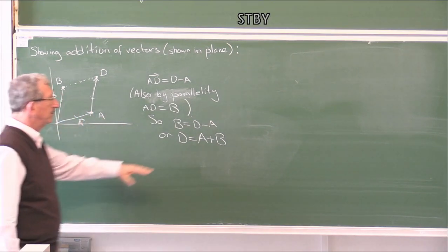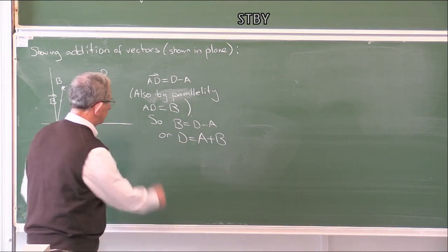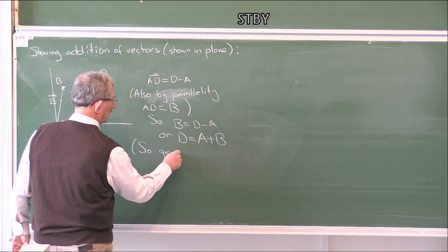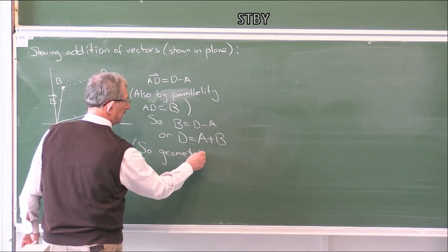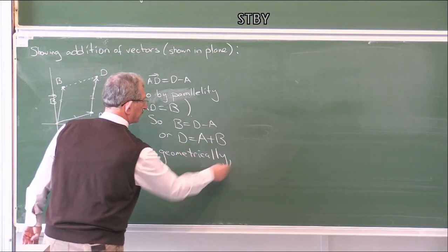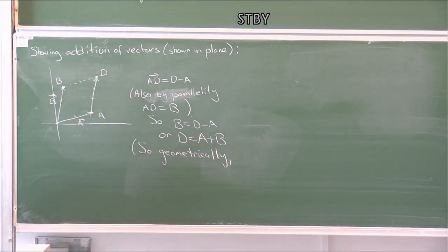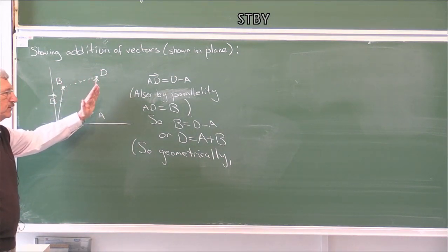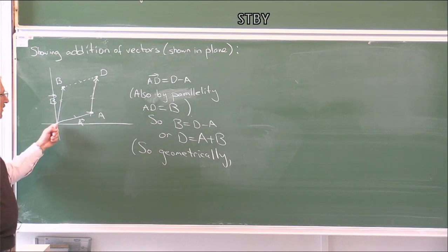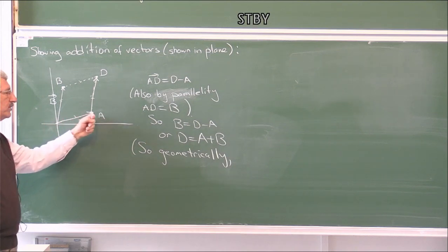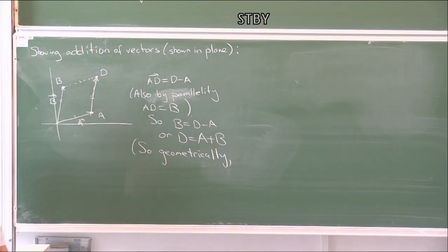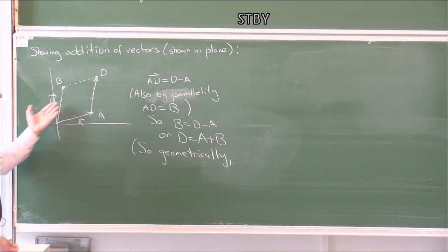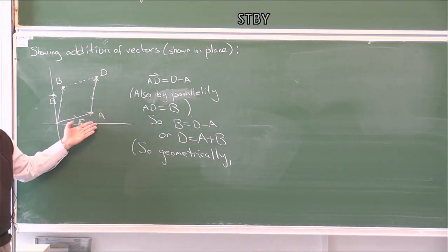But then, this means geometrically we move B parallel in a way so that its starting point, the origin, starts from A. So geometrically, we identify B with the vector AD.